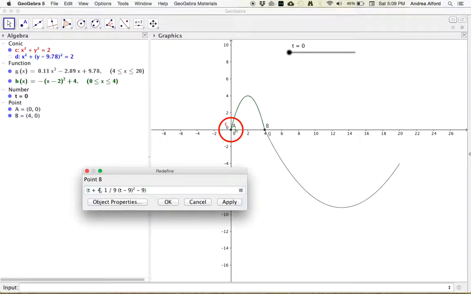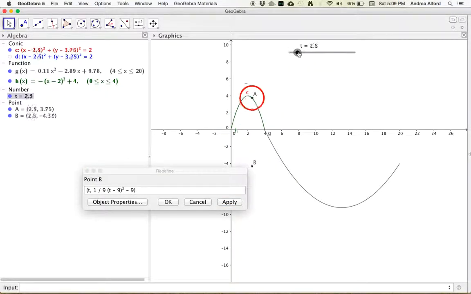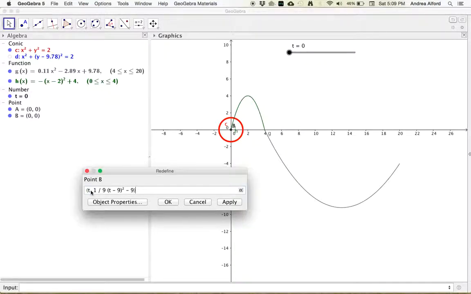If I had just done t, apply, notice it shifts B over and still traces that same parabola, but I wanted that parabola shifted 4 to the right. Since it's a point, I had to put in t plus 4. And that shifts it over.